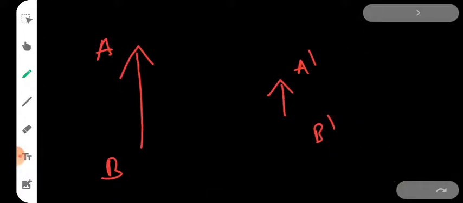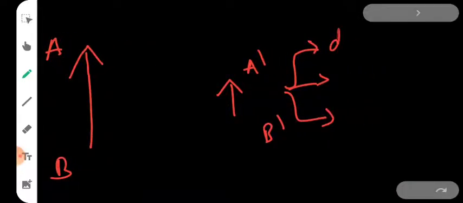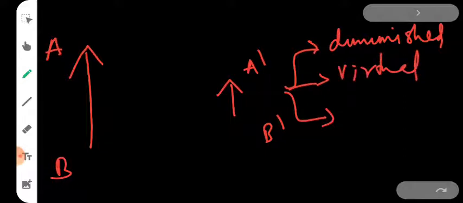So comparing the image to the object, you have a diminished image. What is the nature? It's not real, it's not in the real world, so obviously it's a virtual image. What about the orientation? It's erect.